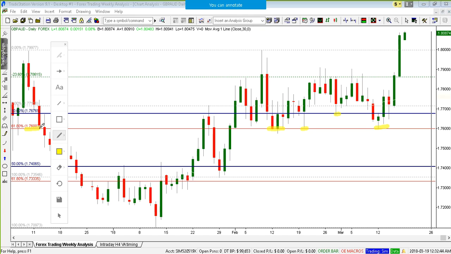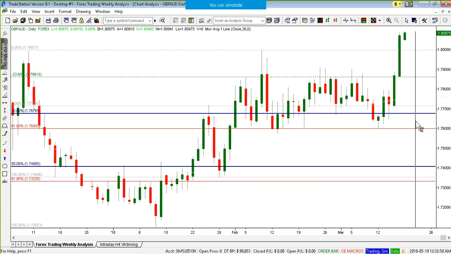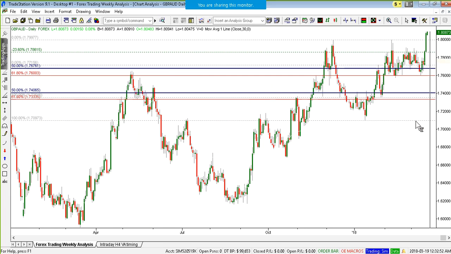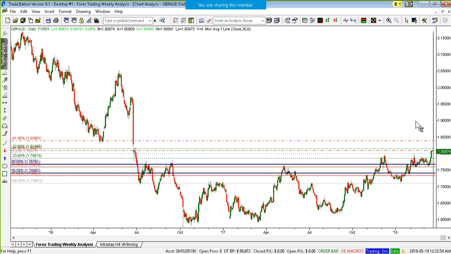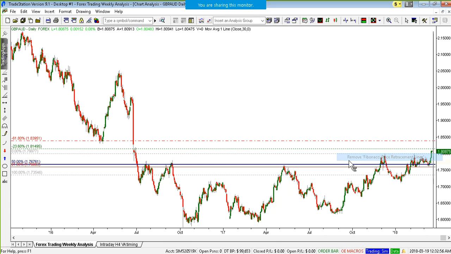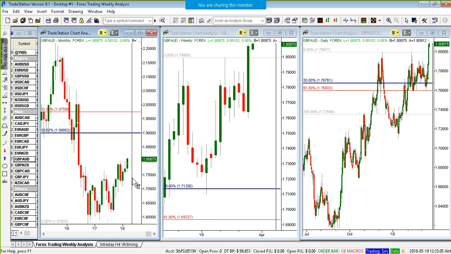The 167 was never pierced, and that allows us to consider this measure move here and the related targets. The first target is very close, 181.49, and the second is 183.95. Okay.